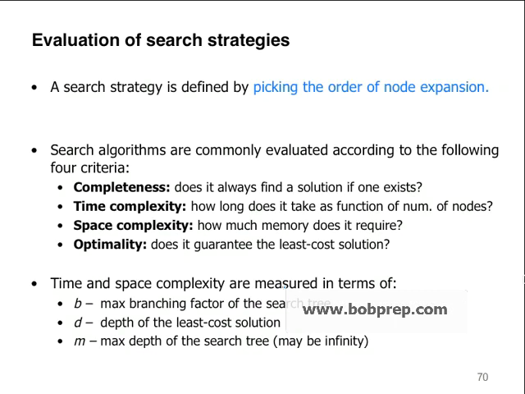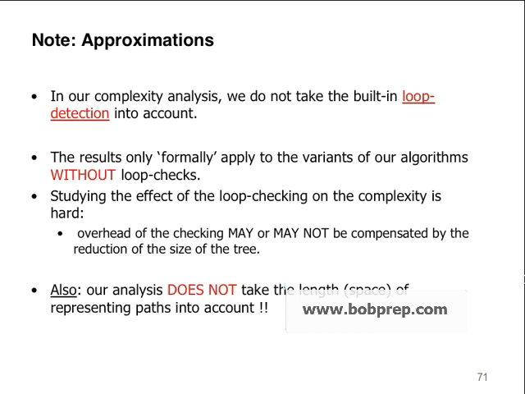In terms of the evaluation, remembering the components that we're trying to consider, this is where we get into what I'm calling approximations. So AI is dealing with approximations. So in our complexity analysis, we do not take the built-in loop detection into account.